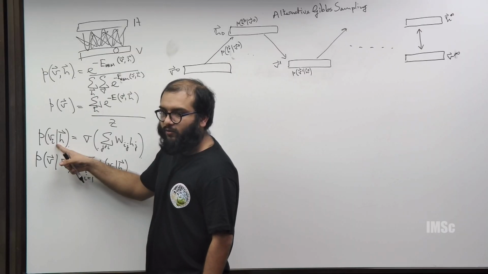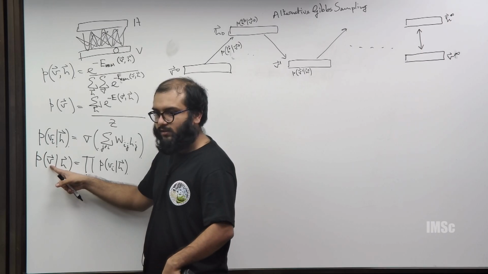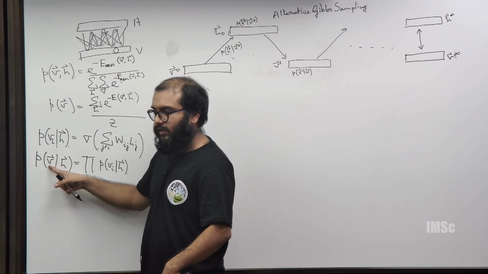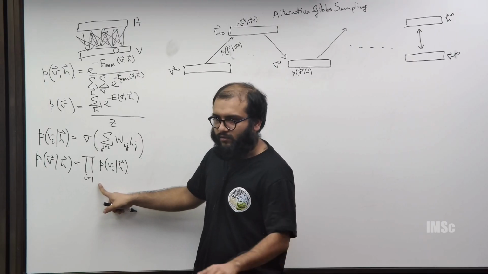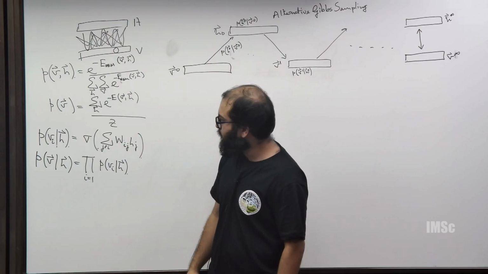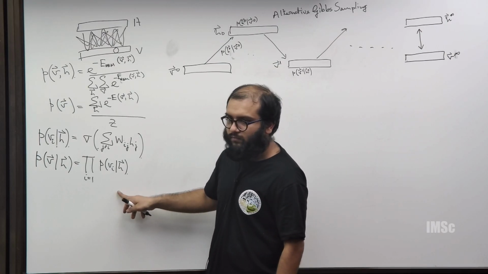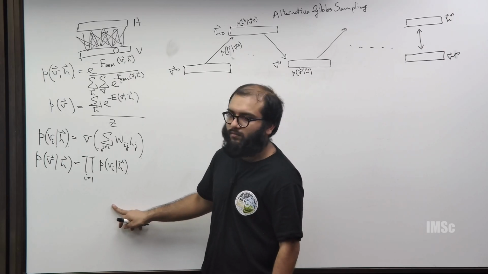V vector is essentially all the V_i, and this is a particular node i. That's why it came out as a product, because they're independent of each other. They don't have to be in sequence.